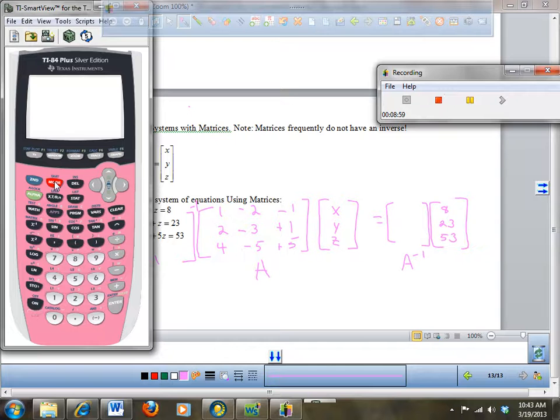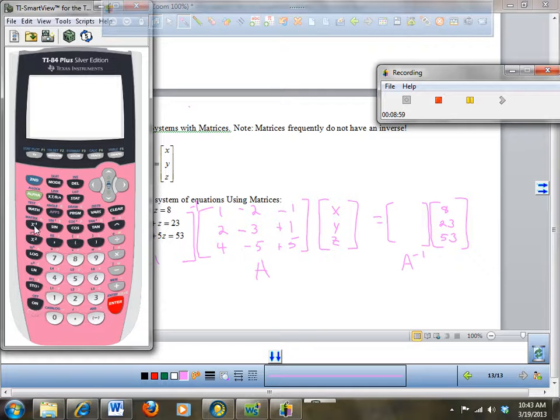So then all I have to do to find my answer is multiply the inverse of matrix A times matrix B. So I'm going to go to second matrix A, and I'm going to get the inverse of that.